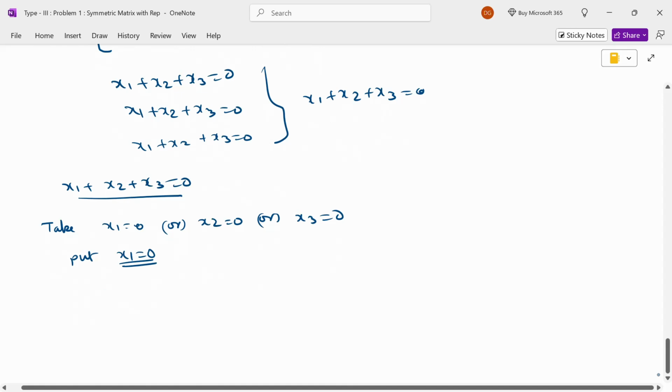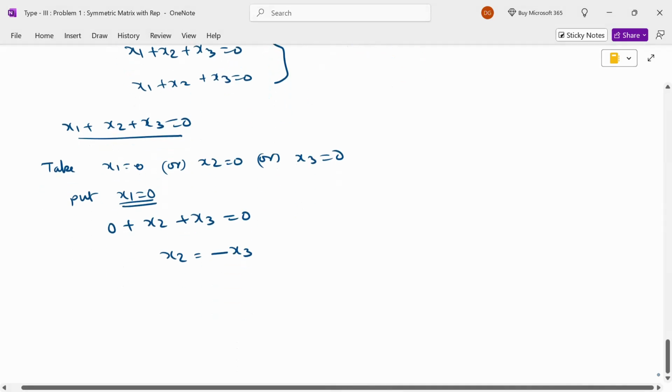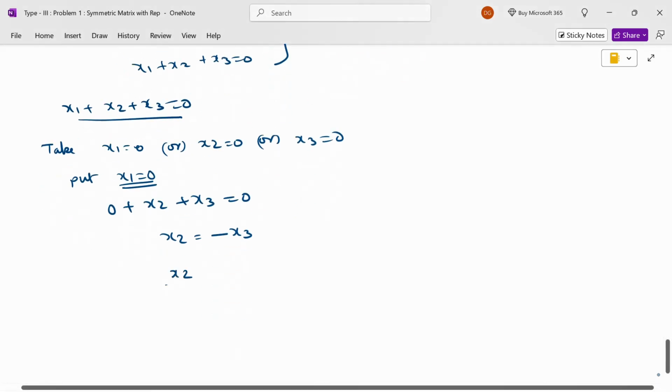When I substitute, 0 plus x2 plus x3 equal to 0, so x2 equal to minus x3. What is the meaning of this? x2 is 1, then x3 I consider minus 1. Therefore when lambda is minus 1, the second eigenvector is 0, 1, minus 1.